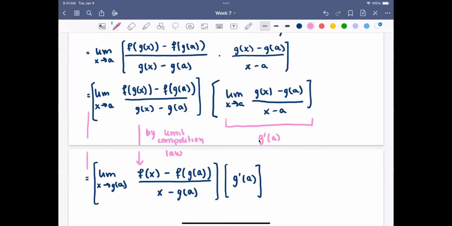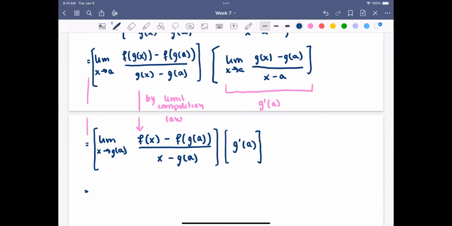So this is the derivative of f at something, which is g of a. So this is f prime of g of a times g prime of a. And that is the chain rule, so that finishes the proof.